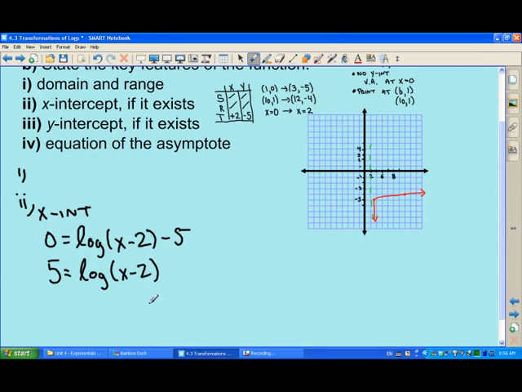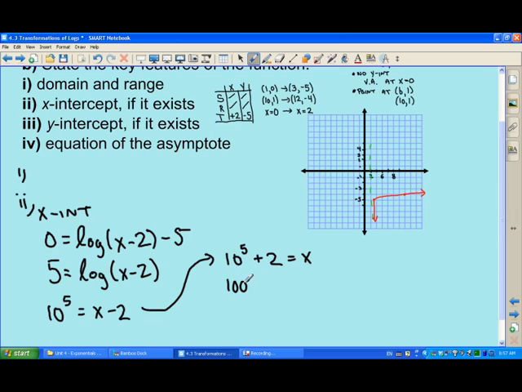And now I'll use the identity of what a logarithm is to rearrange this. I'll take my base, which is 10, raise it to the power of 5. That'll be equal to x minus 2. So 10 to the power of 5 plus 2 will be my x value at the intercept. 10 to the power of 5 is a huge number.